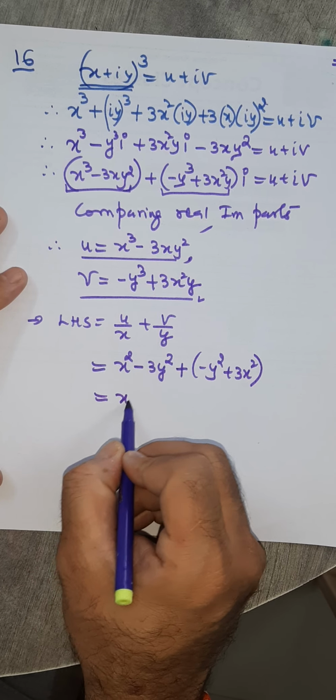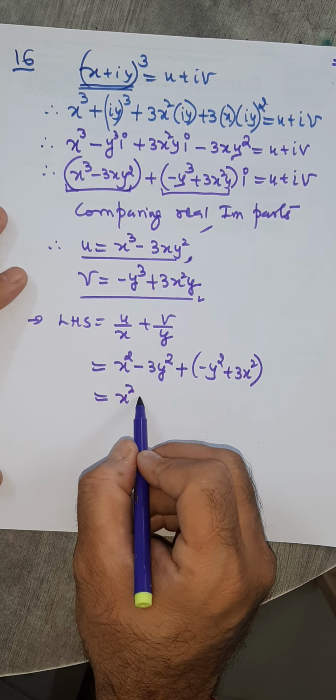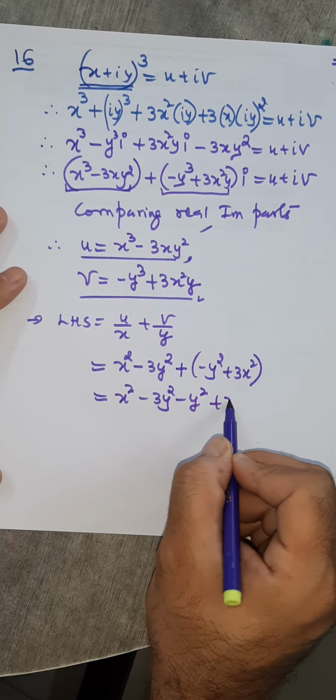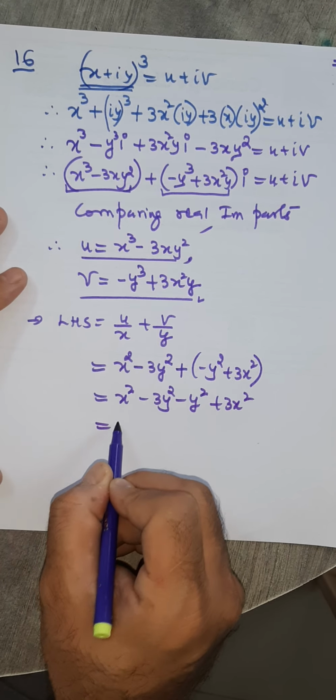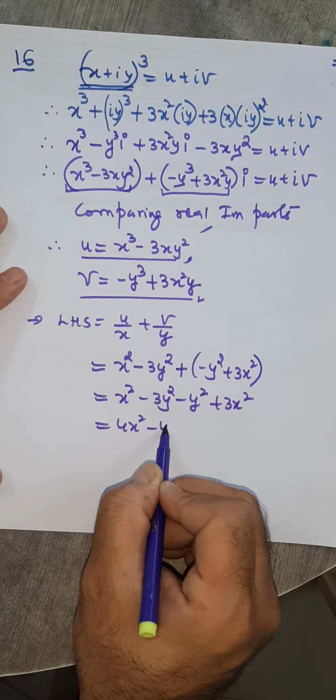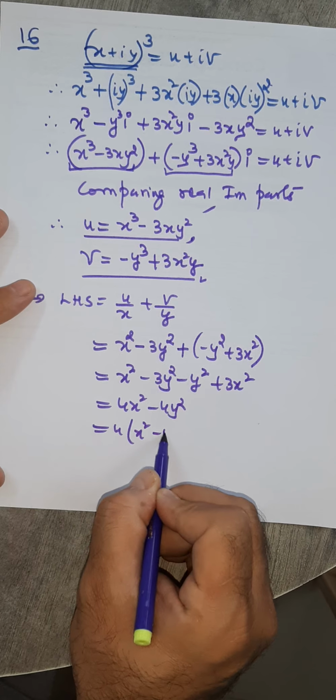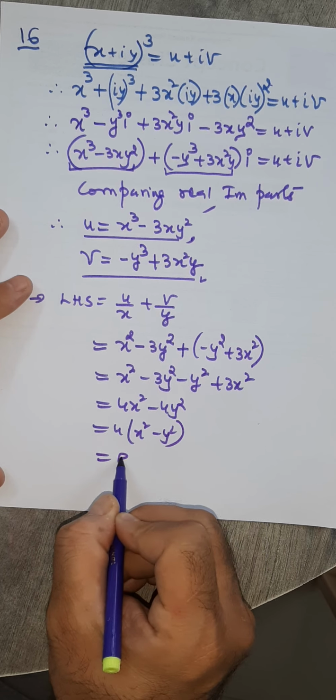Okay, so you have x² minus 3y² minus y² plus 3x². So we'll get 4x² minus 4y². That's what your RHS is. Take 4 common, 4(x² minus y²), which is right hand side.